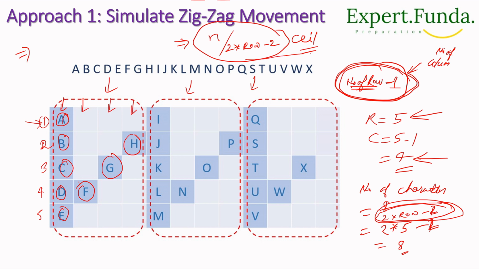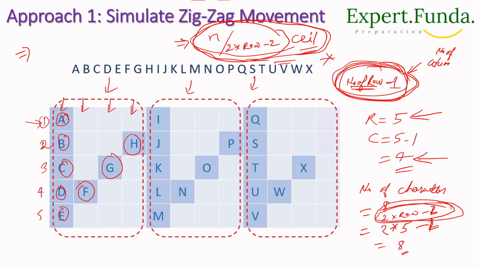So if we multiply these two, we will get the total number of columns that we will have for this value, right? For each section we have the number of columns, so you just multiply and you will get the total number of columns. I think you have understood, right?